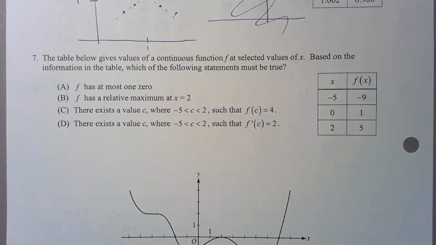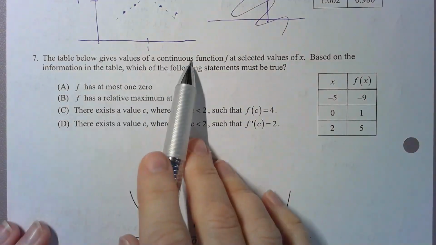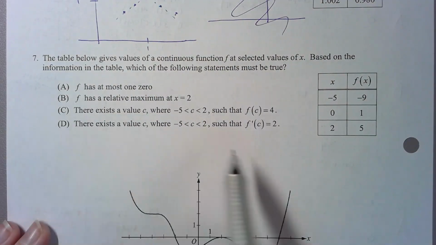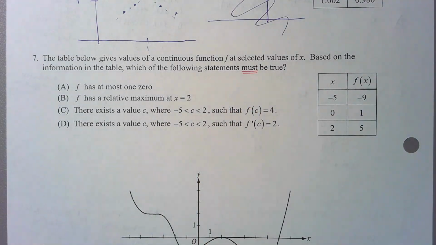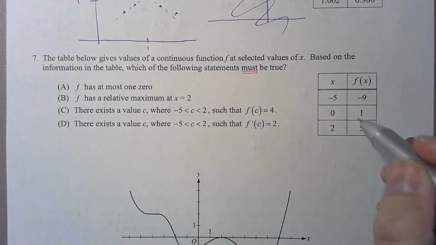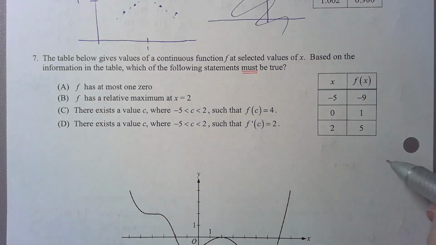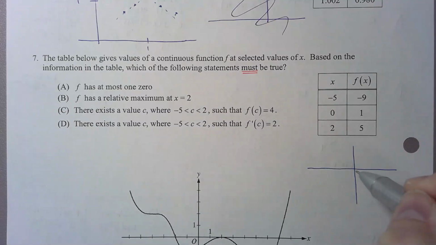So we have another table. The graph is continuous. Which of the following statements must be true? Again, I don't think it's the worst thing in the world to sketch these points. Nothing crazy. -5, -9, 0, 1, and 2, 5.